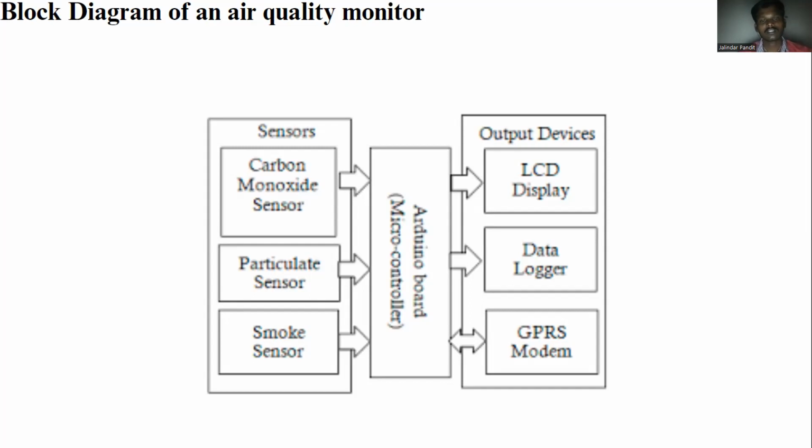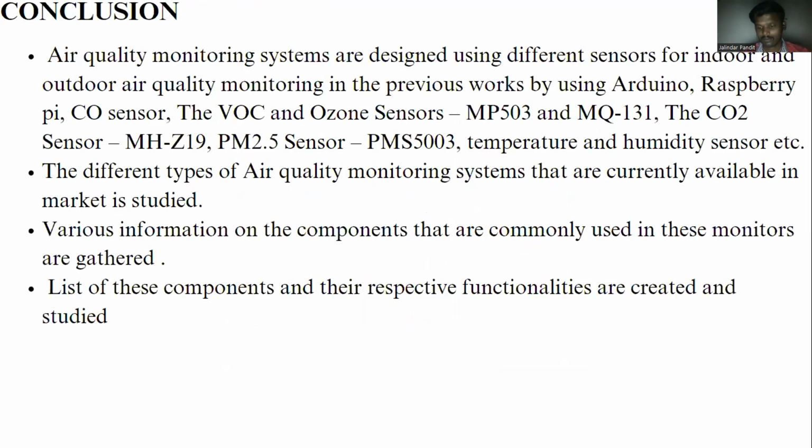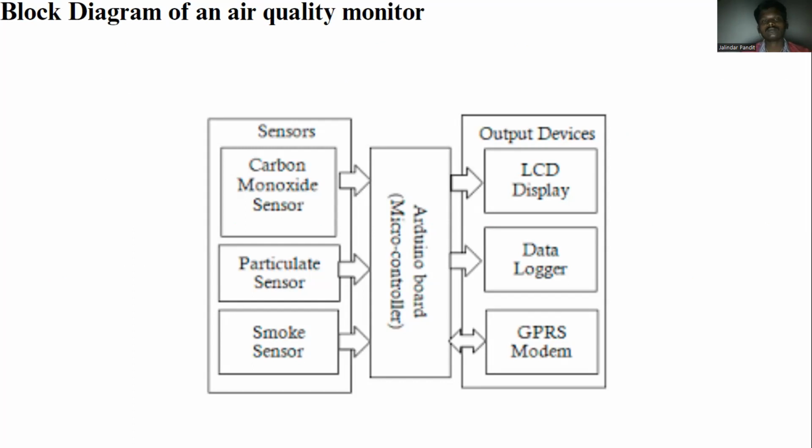So the LCD display. It is a liquid crystal display, which changes the transmission of light through two polarizing layers and changes the quantity of light that passes from the backlight. Data logger.